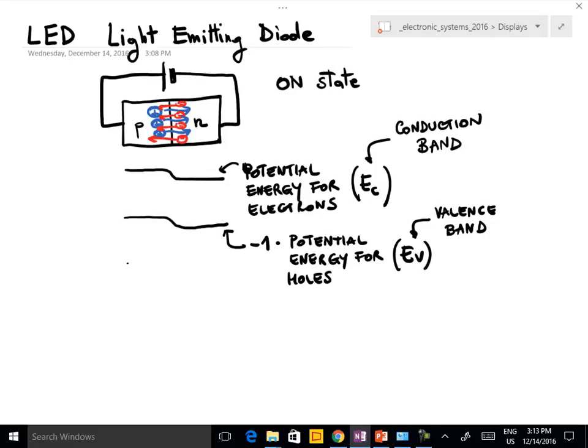Okay. This is x, and this is the energy, and x is the longitudinal coordinate.